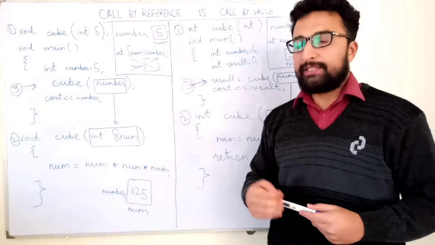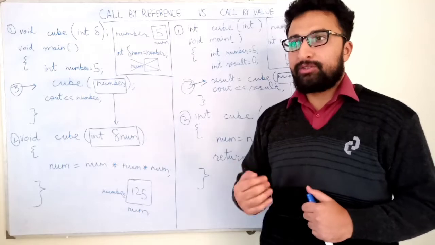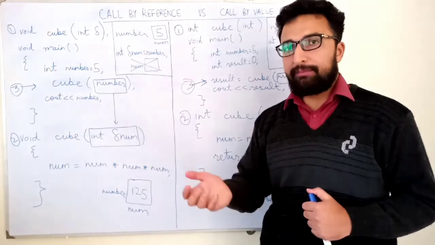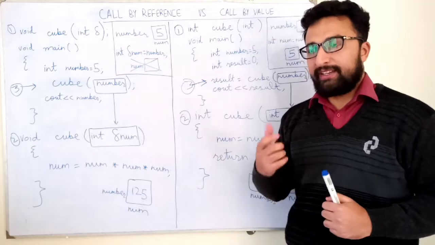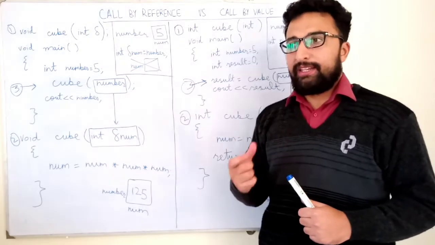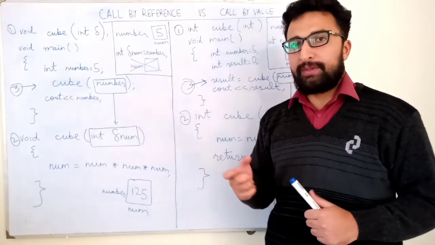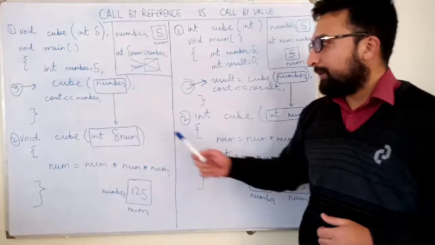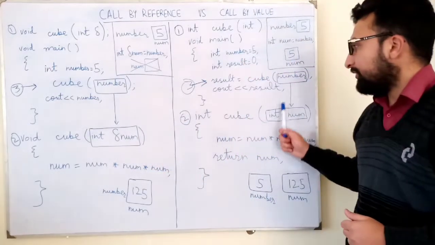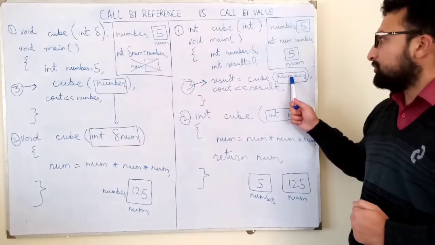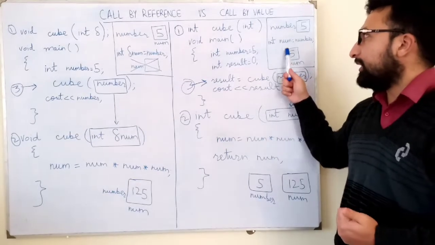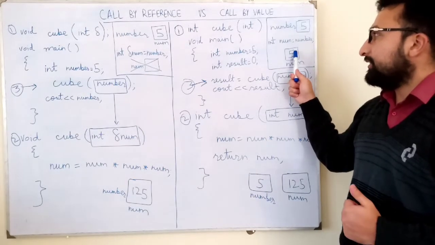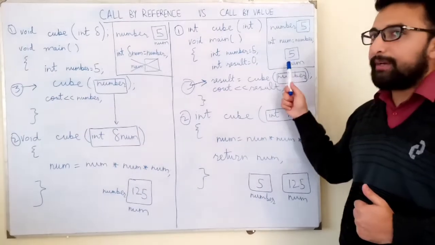Those reference variables just serve as a reference to some other memory space, and they themselves do not occupy any space in the memory. For example, here what we were doing was int num equals number. So this was generating another variable named num and assigning the value stored in number to that variable num.